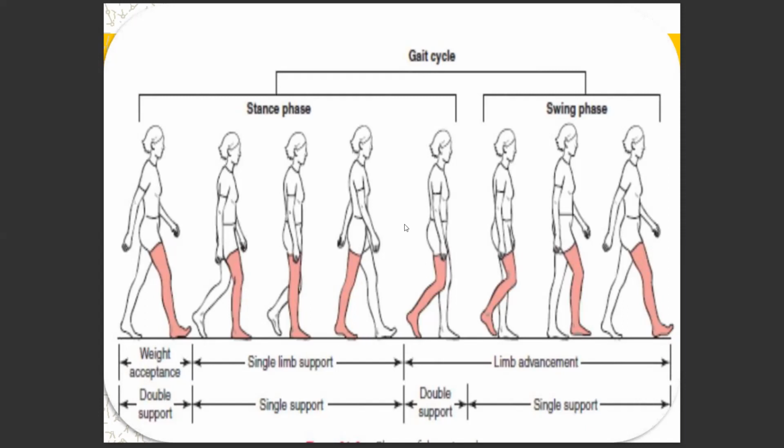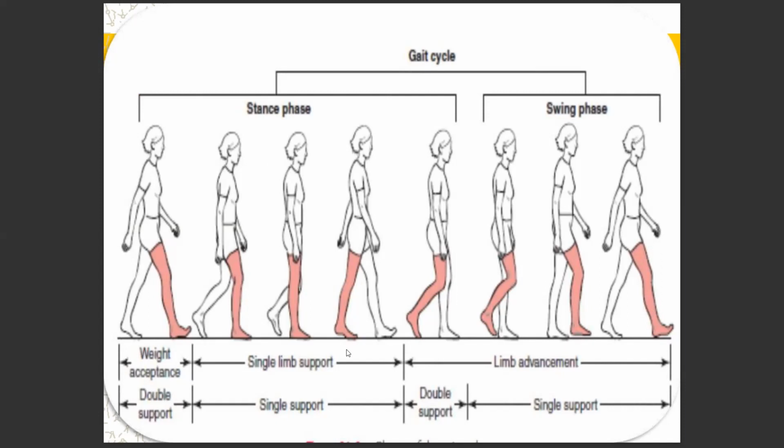This is the toe off. So these five phases are known as the stance phase. In the swing phase, just after the toe off, there is the early swing. This is the mid swing, and this is then the late swing, which are the acceleration or initial swing, mid swing, and the late swing.